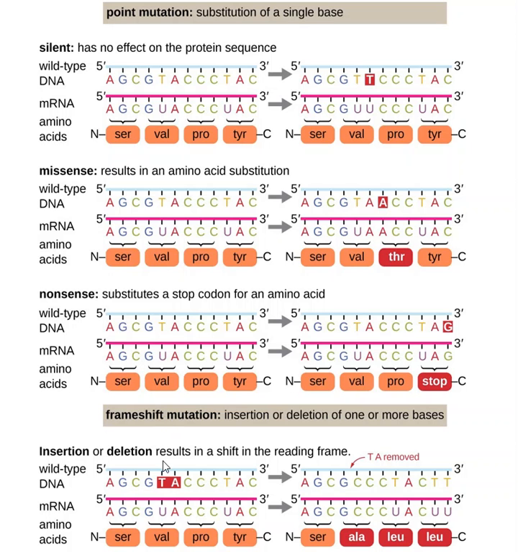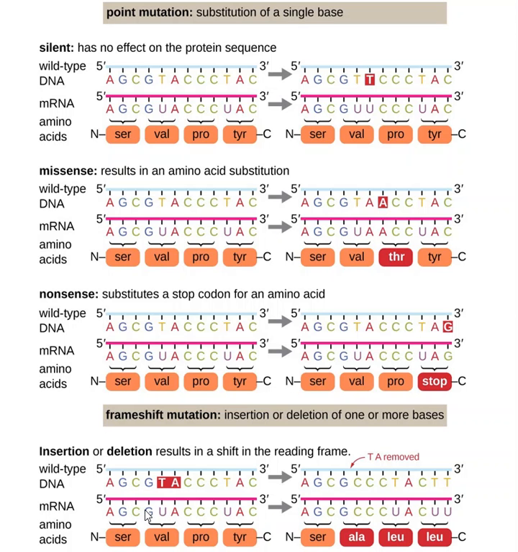So, for example, we can see in the original DNA, the sequence on the non-template strand is AGCGTACCC, and after the mutation, the T and the A were removed. So when the mRNA is produced, remember the codon is composed of three consecutive nucleotides. So there would be AGC, AGC. So there's no difference there.